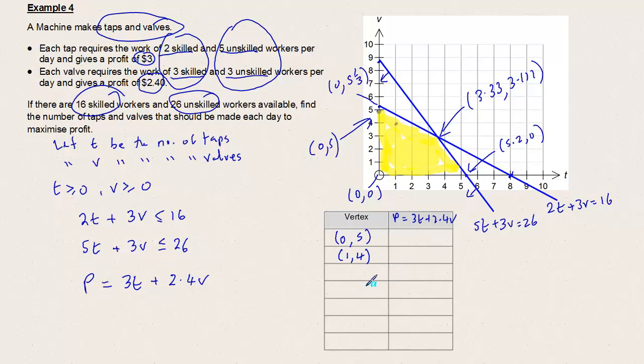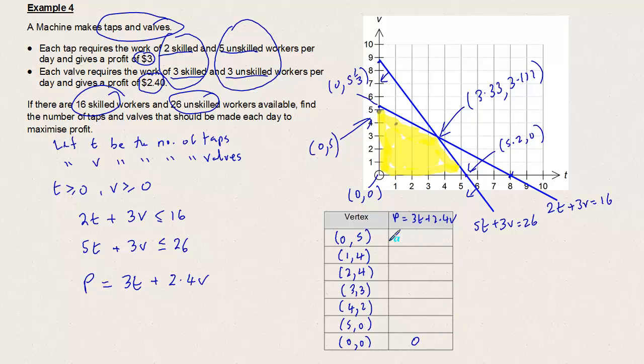And other ones we can identify by going across are things like 2, 4 and 3, 3 and 4, 2 and 5, 0. Oh, I've got a blank on the table. I might as well put 0, 0 in there. We know it's going to be 0.